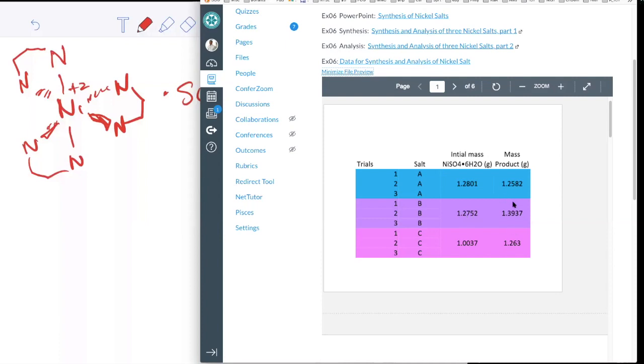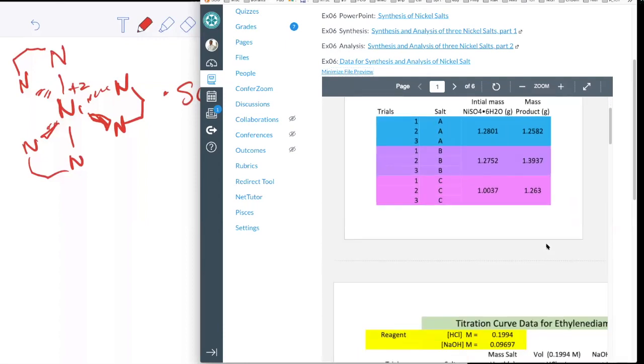So hopefully you saw in the animation that I did, the amount of green crystals are these, because this chemical is green. And then the blue, the purple and the violet are these. So I tried to color code it for you so it's easy to remember. Okay. So let's move to the next data set.